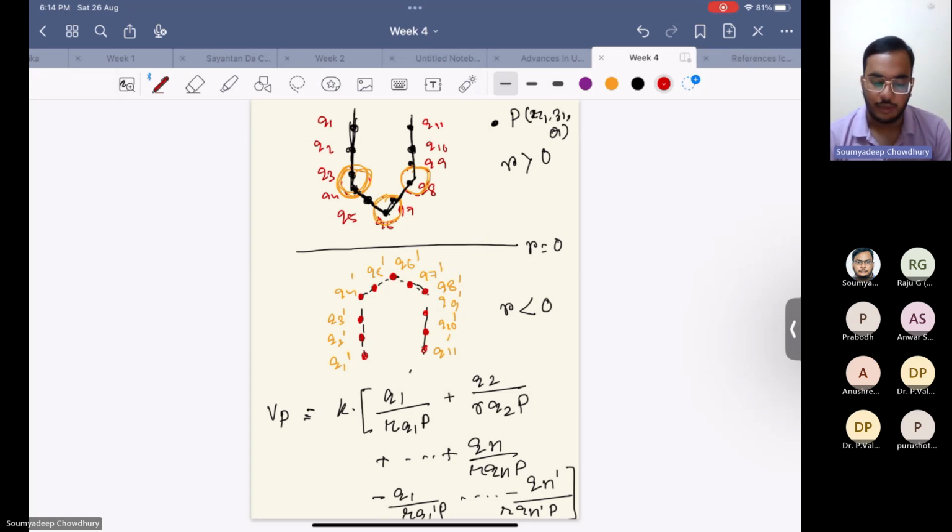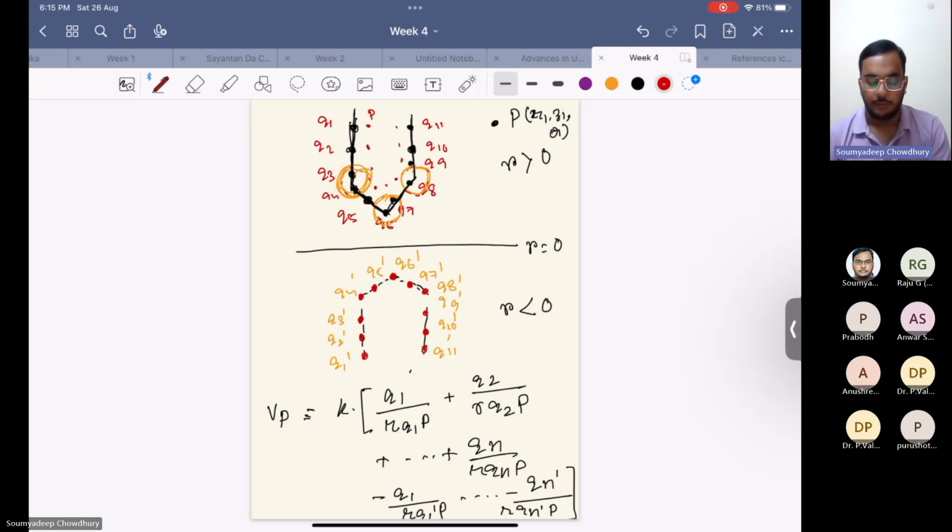So basically we are trying to find out the voltage at the known points. Suppose I have the contour points like this. These are my contour points, and these are my, say, 11 charges, and 11 image charges are there. So the potential at any point, say at point P, will be due to all of these charges, right?